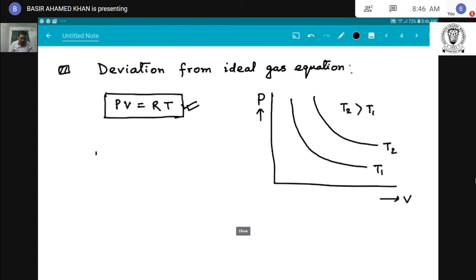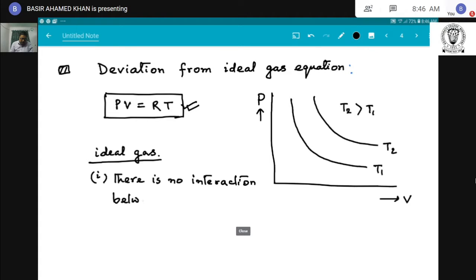For ideal gas, we assume there is no interaction between two gas molecules or with the vessel.